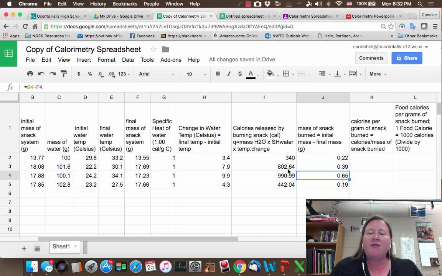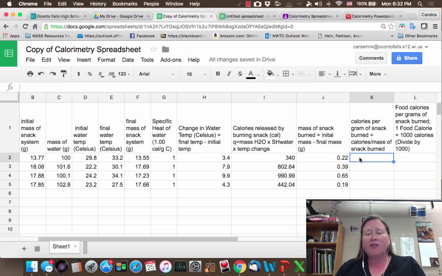Now that's going to go back to its original size. So in order to compare apples to apples, we want to do a calculation in which we figure out how many calories per gram of the snack burned, which is going to be the calories released by the snack divided by how much of it got burned away.